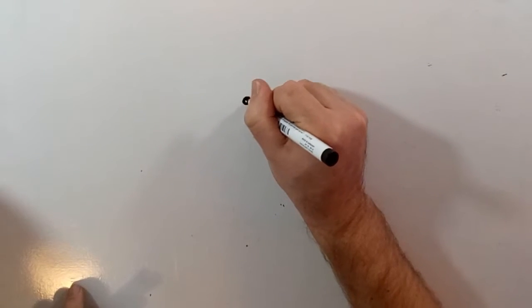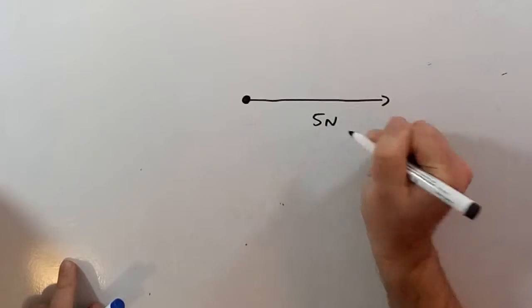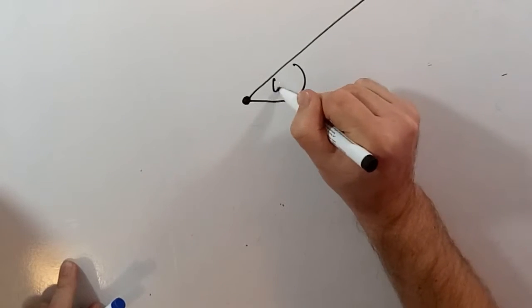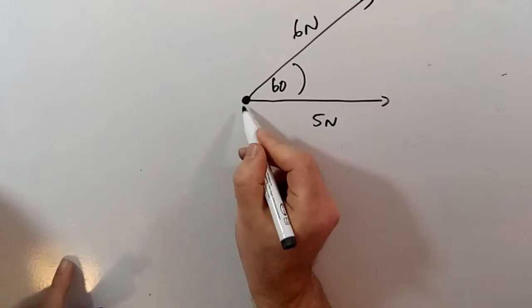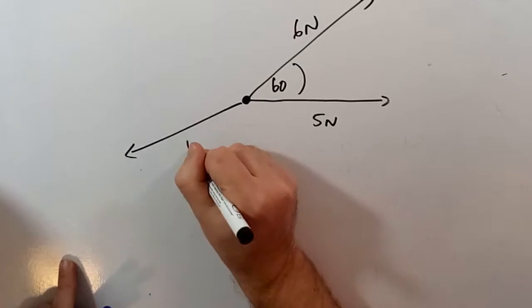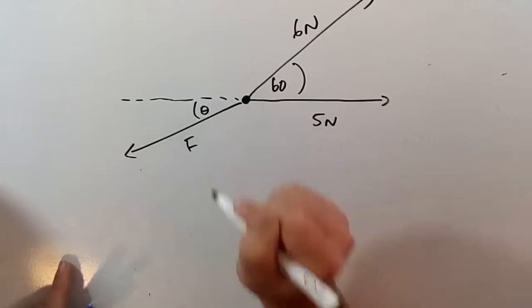Oh, beautiful. All right, now you could do these ones with a bit of a trick. Sometimes there are some shorter tricks to be able to do these ones, like Lami's theorem. If you've got three forces, like the one that we did before, so 5 newtons, let's do it again, 60, this was 6 newtons, and we were trying to find out this F, and we defined this bit as theta.